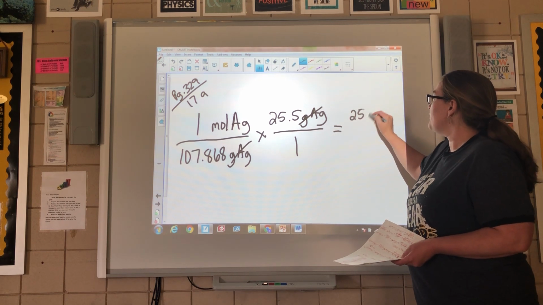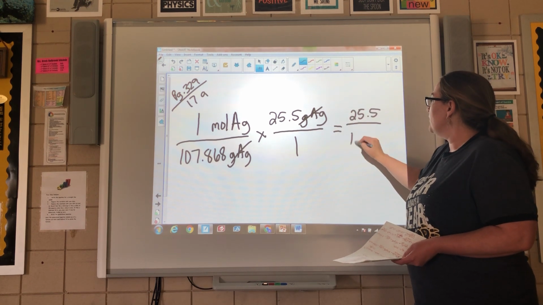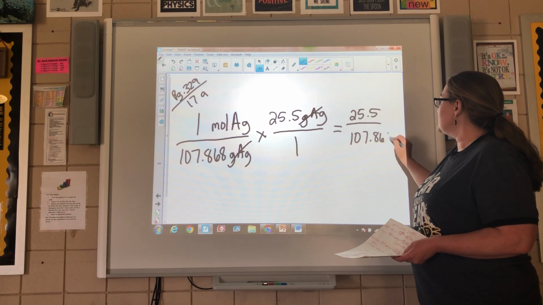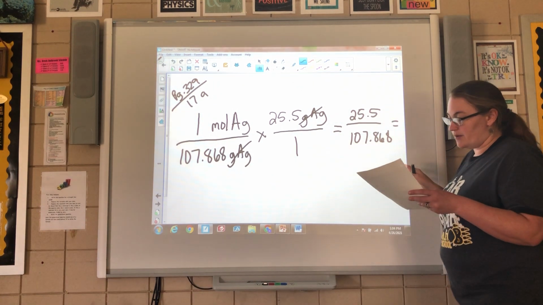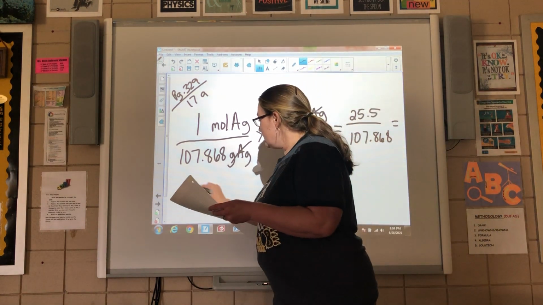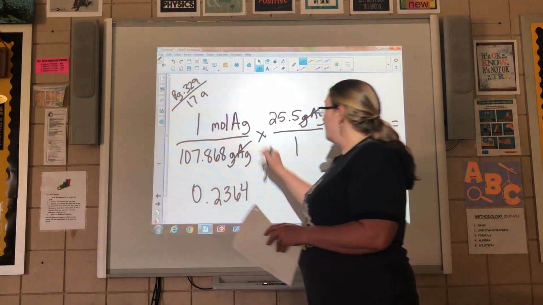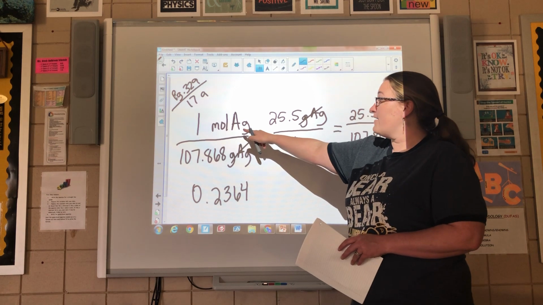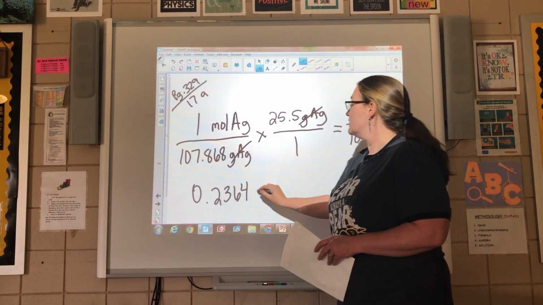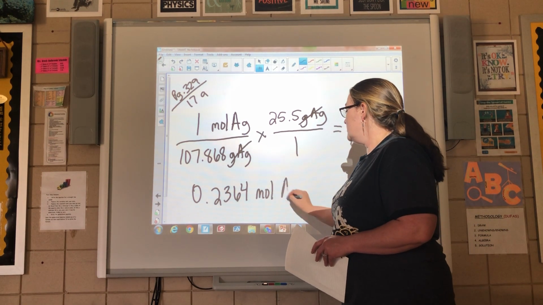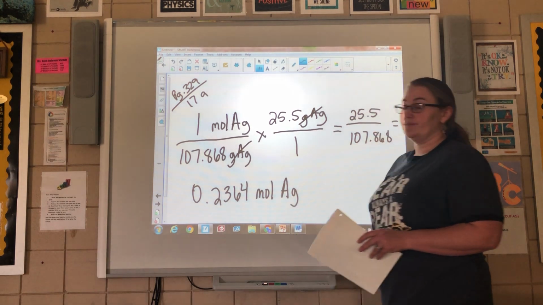I've got 25.5 over 107.868. And when I work that out, I'm going to get 0.2364 moles, because that's the unit I have left that I have not canceled out, moles of silver.